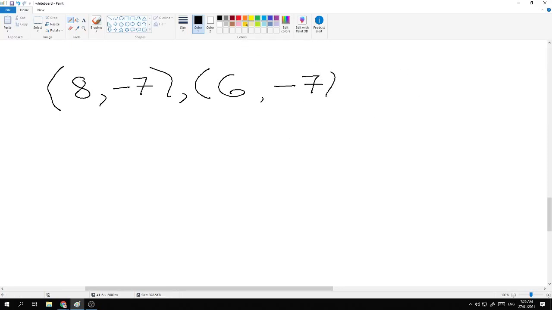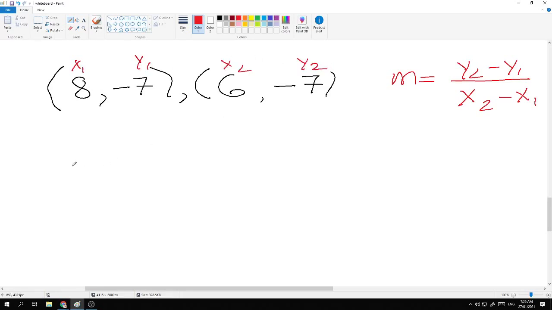The formula for the slope is m is equal to y sub 2 minus y sub 1 over x sub 2 minus x sub 1. This is x sub 1, y sub 1, x sub 2, y sub 2. So m is equal to negative 7 minus negative 7.